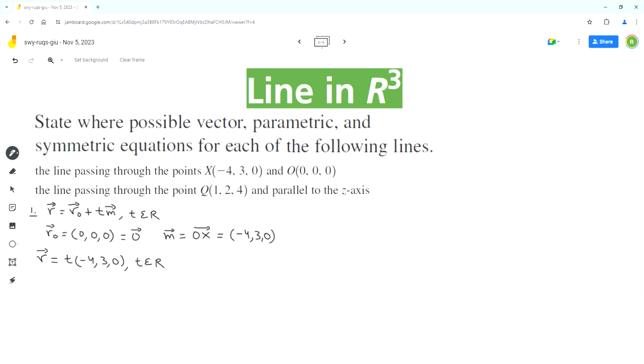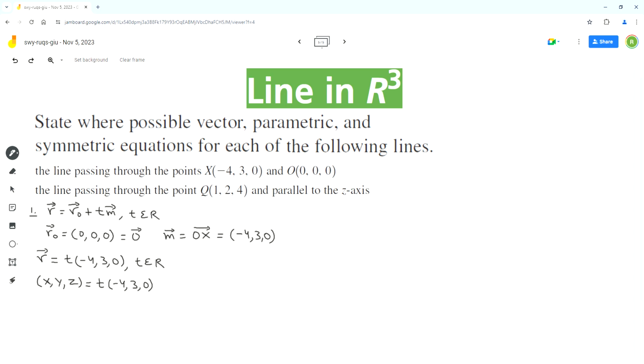Now we can write the parametric equations. So let's use point x, y, z as an unknown point that lies on the line. Now we can write the x, y, and z equations. So we'll multiply the components of the direction vector by t.